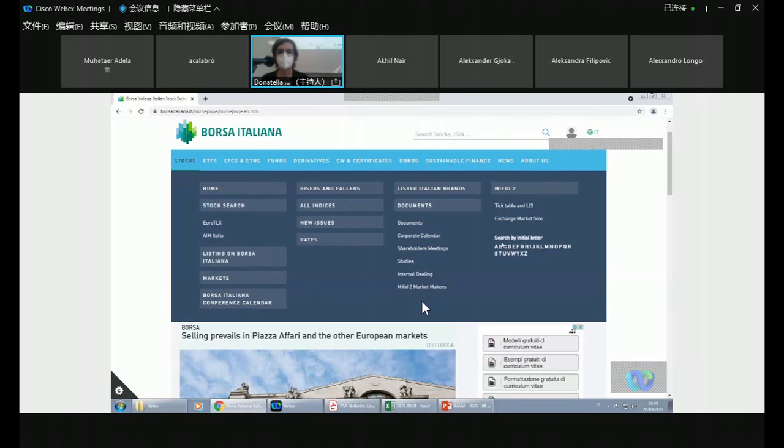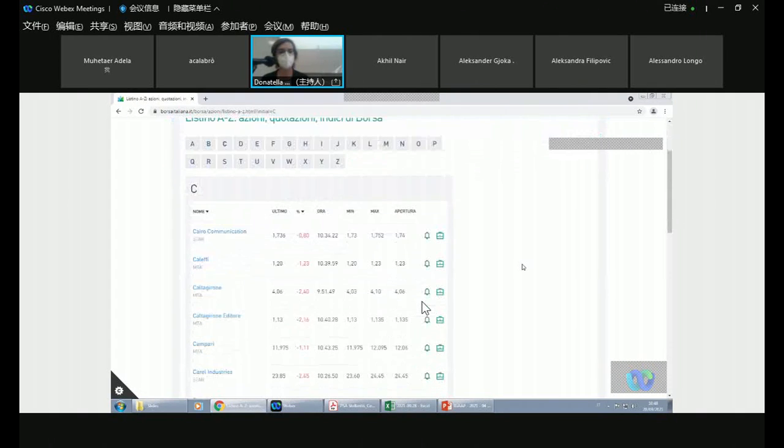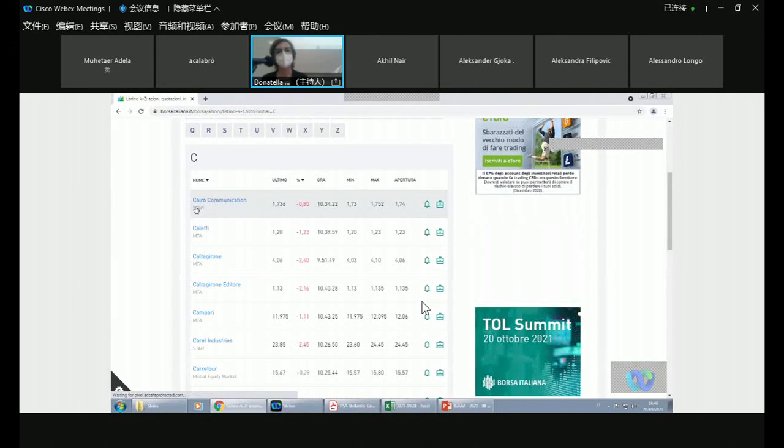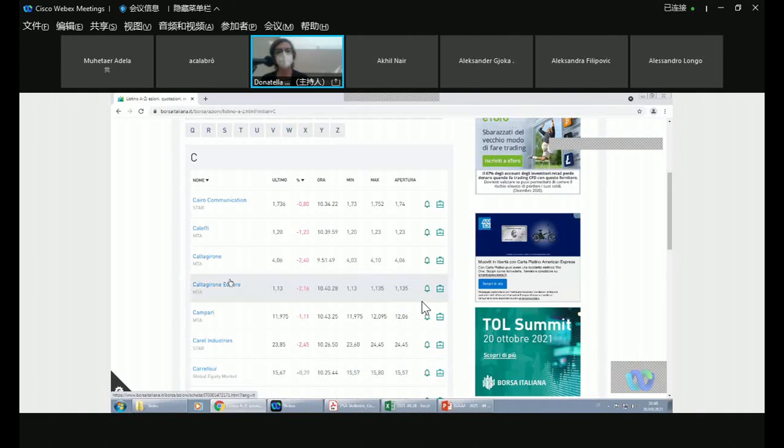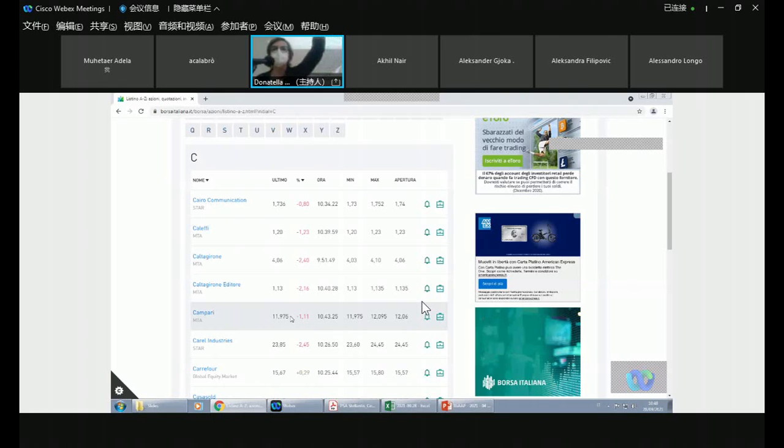So it's quite easy. For example, here, under the letter C, we can see, for Campari, the price at which the Campari shares are now traded. Okay, this quotation is not exactly the current quotation at 10:48. There is a delay. But this is the fair value, the market price.